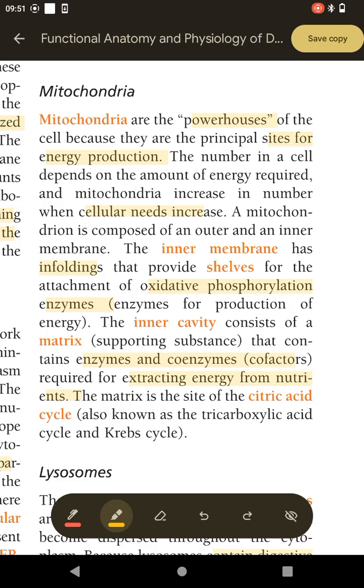The matrix is the site of the citric acid cycle, the very famous TCA cycle or Krebs cycle. Very important cycle, the tricarboxylic acid cycle. Okay, thank you. I hope you all understand these concepts of the cell and its organelles.